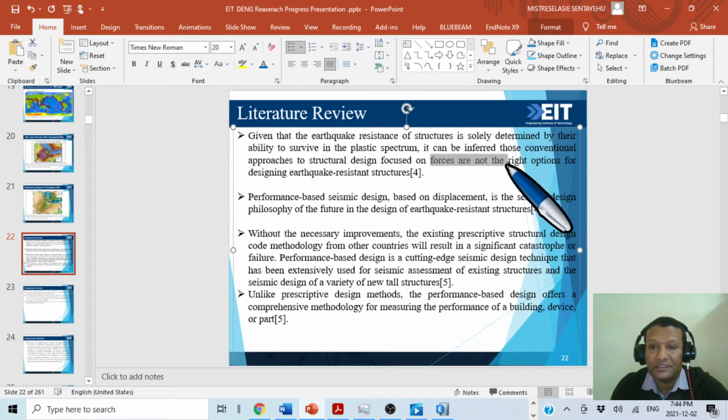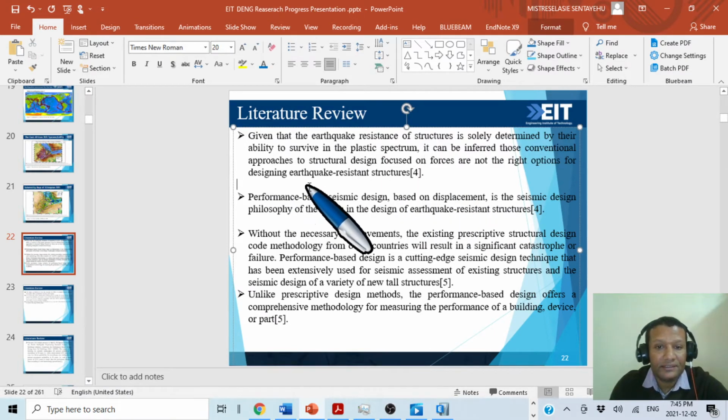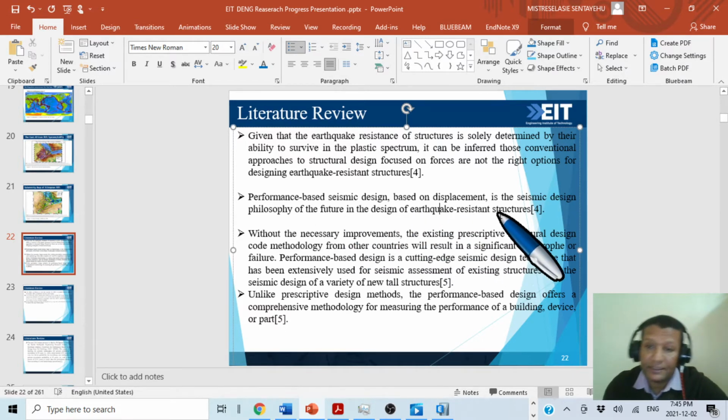This force means just like the adopted codes: we calculate the shear force, then multiply it with some kind of percentage and distribute it, like ELF design. So it's not this. As per this researcher also, designing earthquake resistant structures assuming force is not the right way. Performance-based seismic design based on displacement is the seismic design philosophy of the future in the design of earthquake resistant structures.